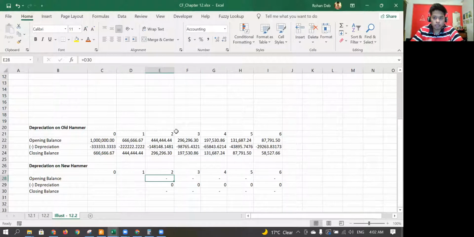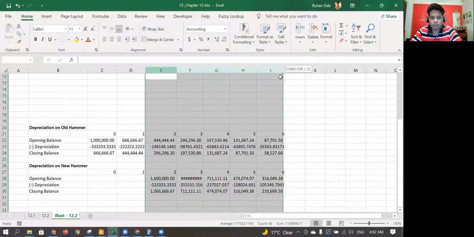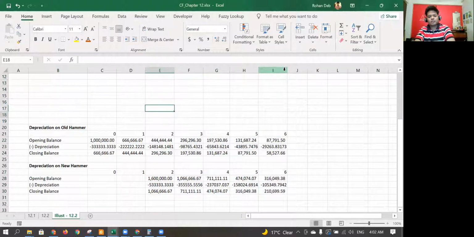So today, it's today's year 2, so 1.6 million, 160,000. Increase the width a little bit. Okay, so today you have purchased that hammer for 1.6 million, and again 33% of that hammer is depreciated every year. So depreciation is this and so on. And closing balance at the end of the year is 210. So after 5 years, it can be sold for 210.